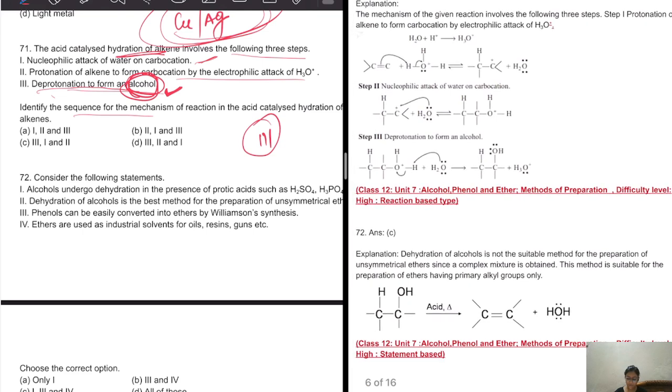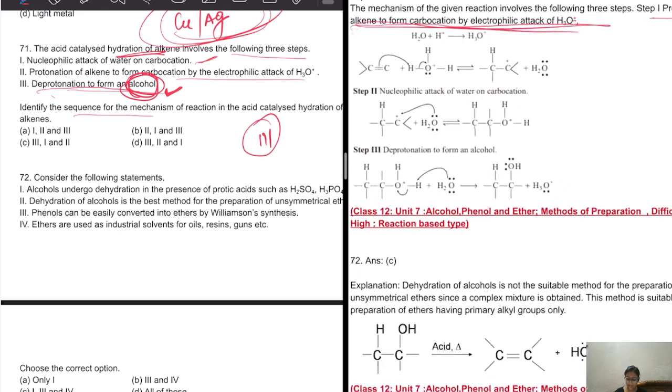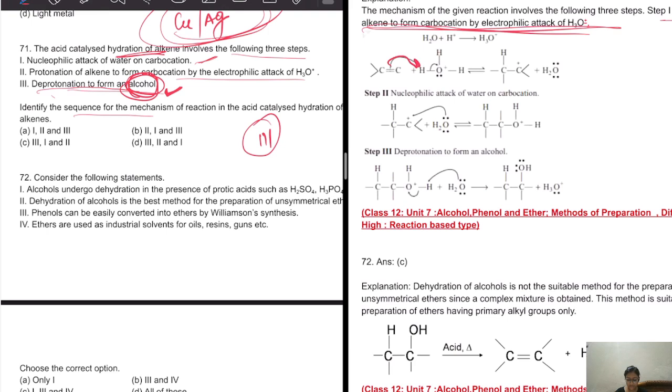The mechanism follows by step one, that is protonation of alkene to form carbocation by electrophilic attack of H3O+. Okay. So what happens is this alkene will react here and we will have a carbocation. Carbocation will be formed there because it would be stable. Okay, stability of carbocation is important. Then the next step would be, now if we have an electron deficient species, what will happen?